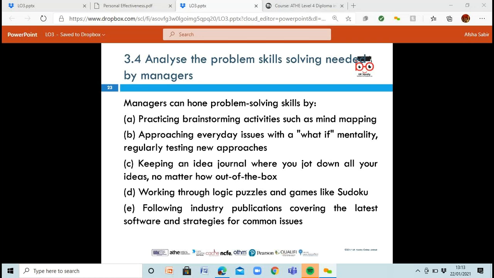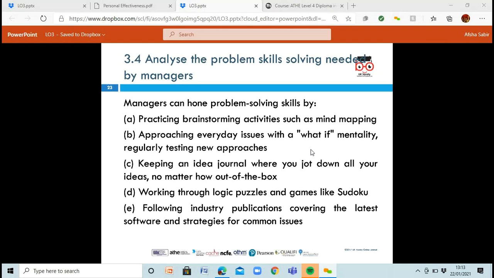Okay, fantastic. I'm not sure how much you've seen from the slide, so I'll quickly go over from A, just in case you dropped out at the beginning. Like I was saying, practice brainstorming activities, so mind map. Approach everyday issues with a what-if mentality. So think, what if we do this? What if we do that? How will this help us?